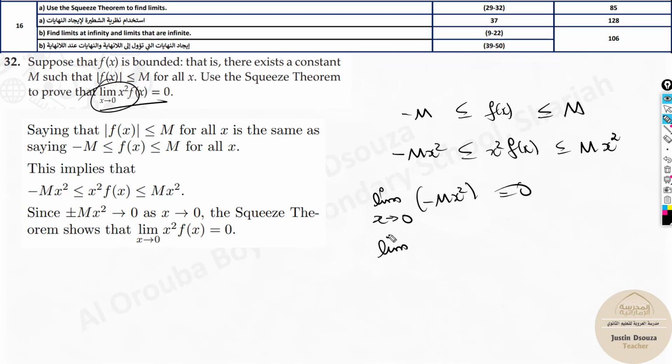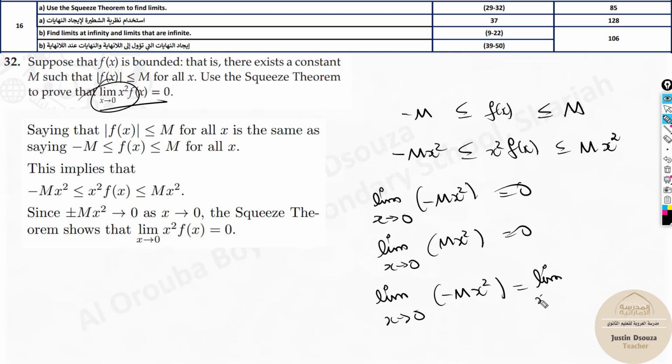Now limit as x tends to 0 for the right side, m x squared. It's the same thing. It will be 0 because this is a constant. Now are these two equal? Yes. So you just write limit as x tends to 0 of minus m x squared is equal to the limit as x tends to 0 of positive m x squared. So this is equal.